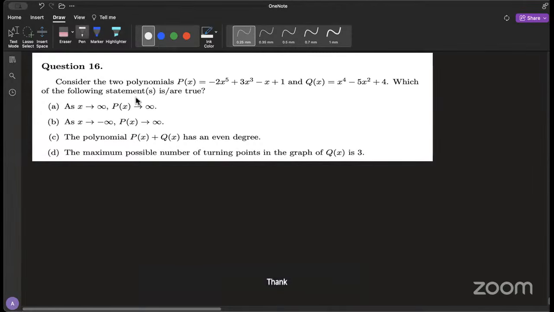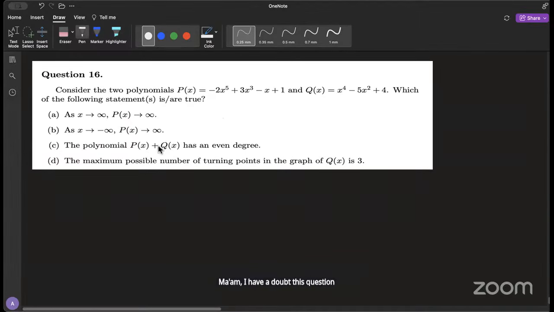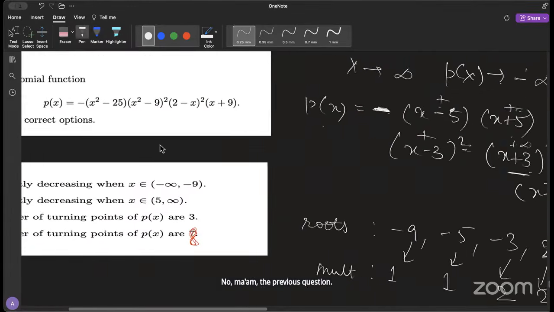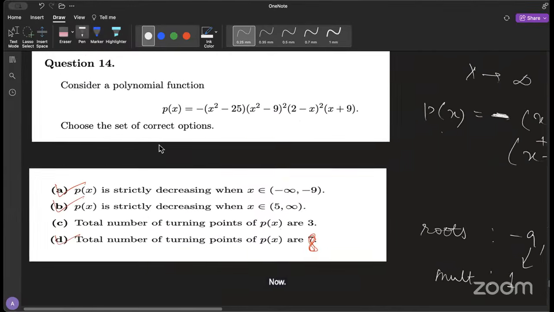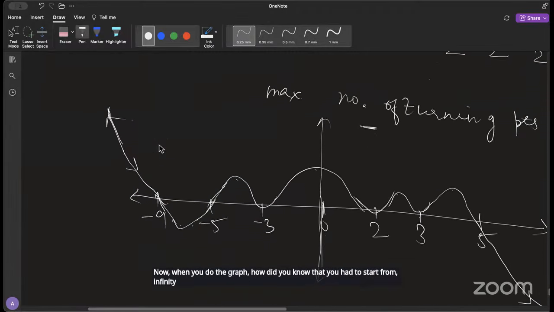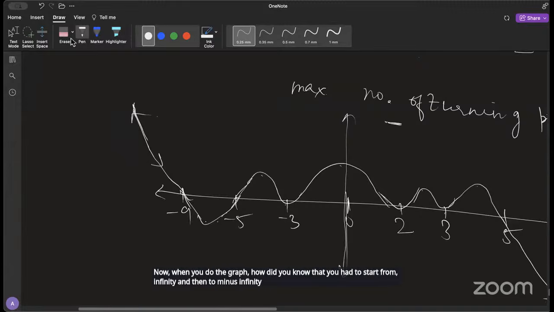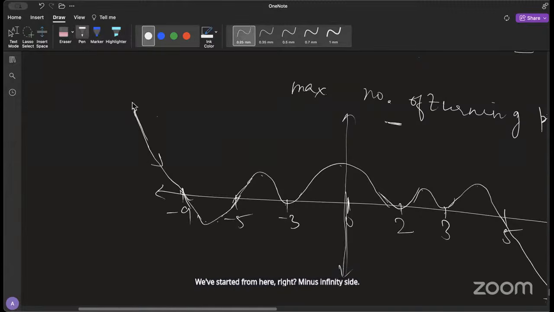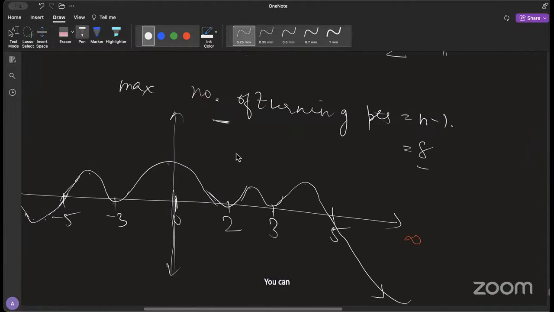Ma'am, I have a doubt about the previous question. When you drew the graph, how did you know that you had to start from infinity and then go to minus infinity? You can start from any side you want.